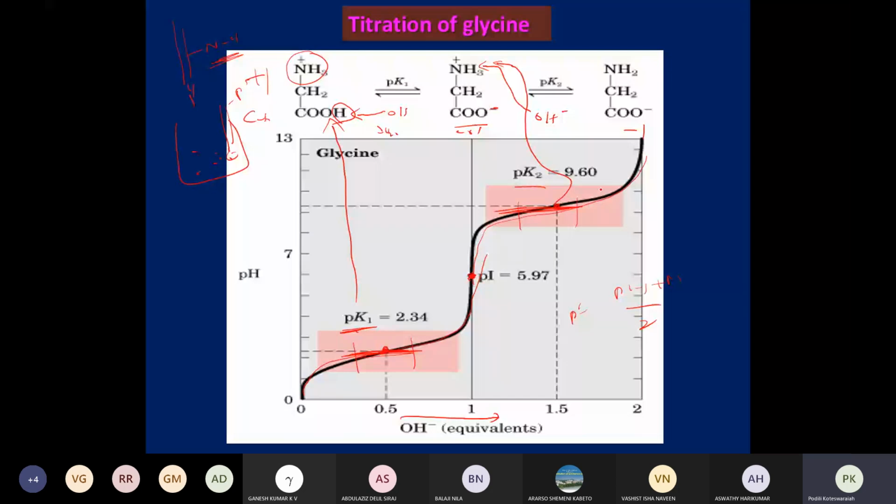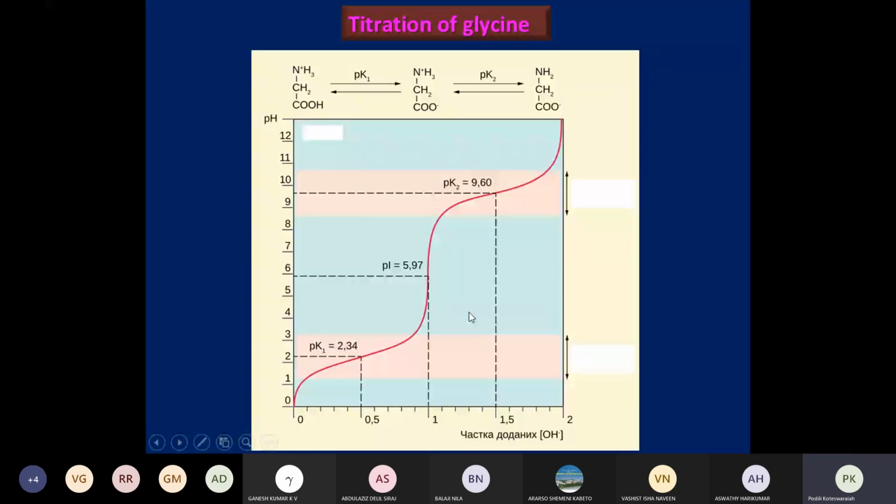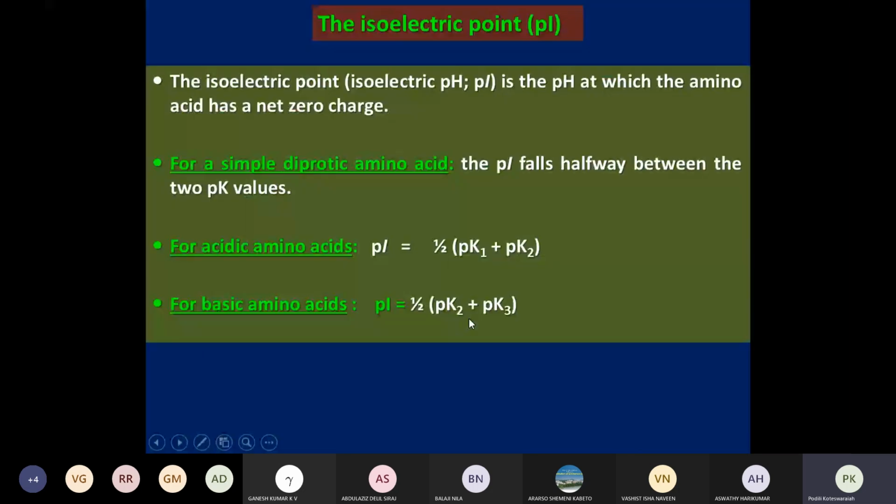So that is the pI value. And at the pI, the net charge on the glycine is 0, and the glycine exists as a zwitterion. So this is the way we need to understand glycine. And of course, it is the same thing for alanine, and we need not explain this.